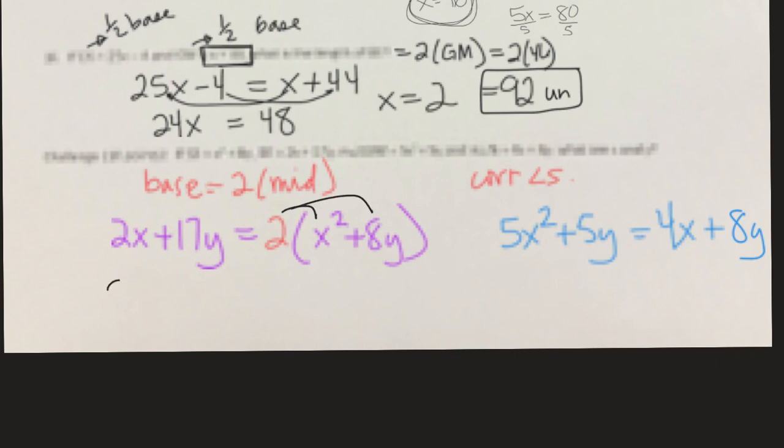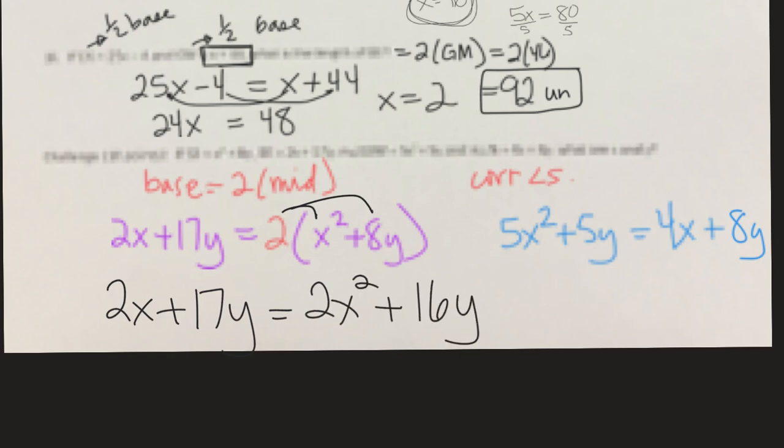We can do that. 2x plus 17y equals 2x squared plus 16y. That might be kind of promising, because I have a 17y and a 16y. Right, so if I bring my 16y over to this side, I get 1y, right? 17 minus 16 is y.